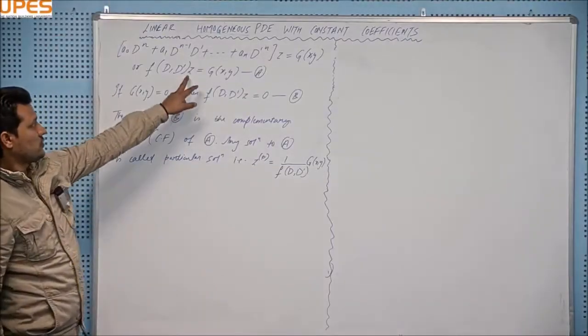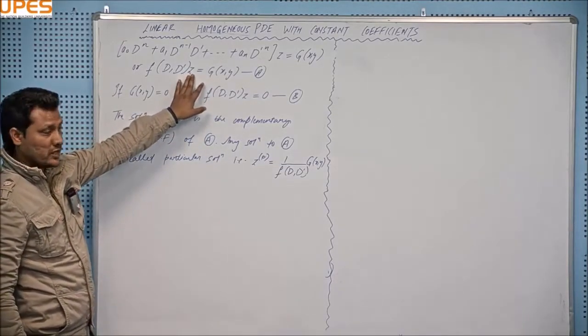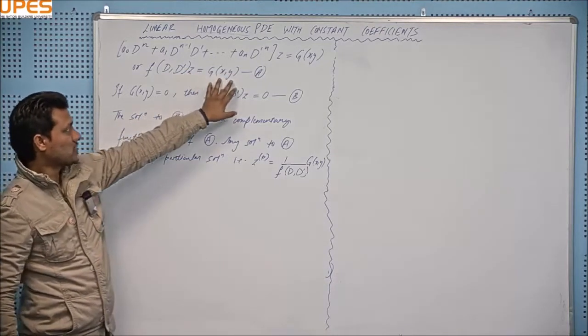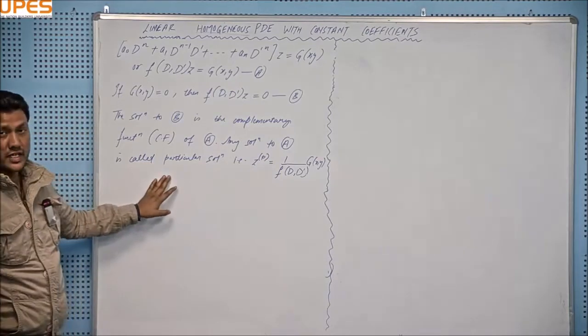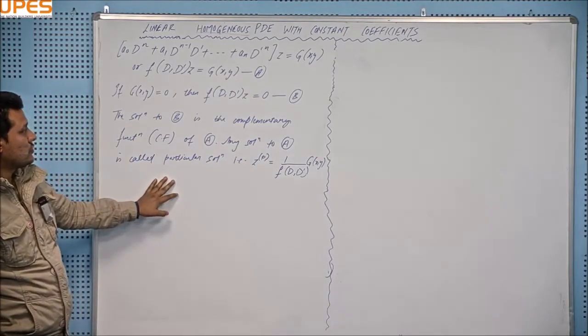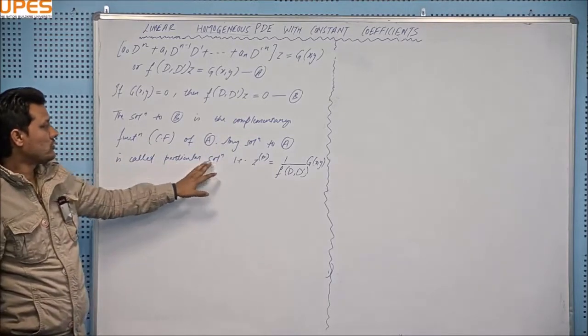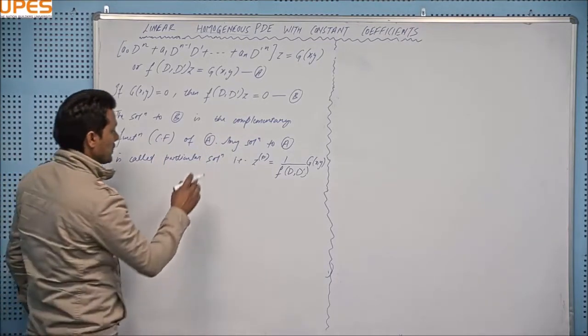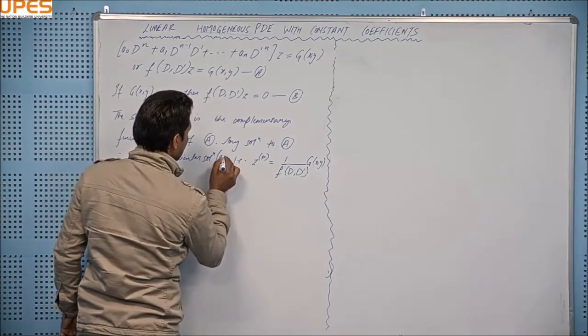Any solution for this equation, that value of z that satisfies equation number 1 precisely for this right hand side term g(x, y), is called the particular solution. So this time we have two solutions. One is the complementary function and the other is the particular solution, or we call it particular integral. In short, we write it PS.